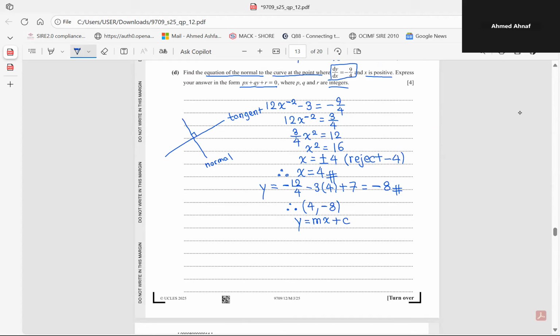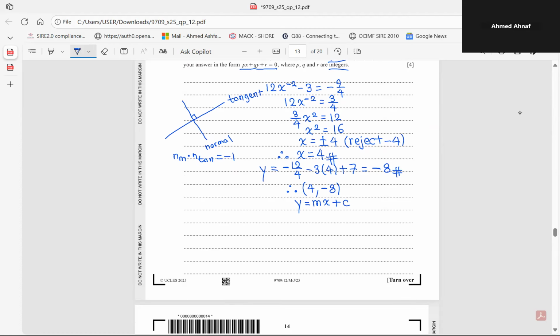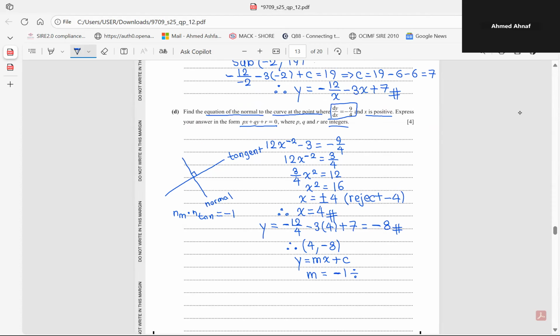And to find the equation of the normal, we have to use the fact that the gradient of the normal times the gradient of the tangent is equal to negative 1, because they are perpendicular to each other. So our gradient would just be minus 1 divided by the gradient of the tangent, which is given by dy/dx.